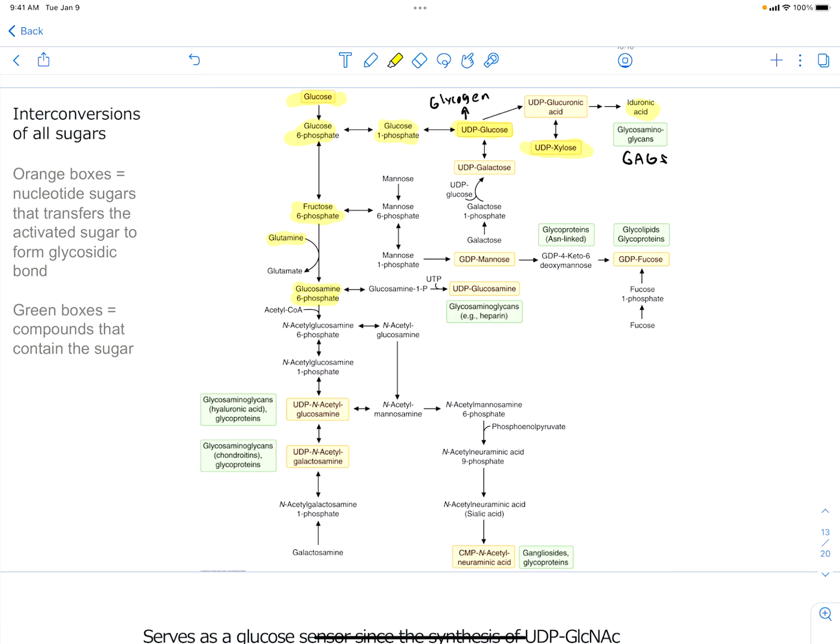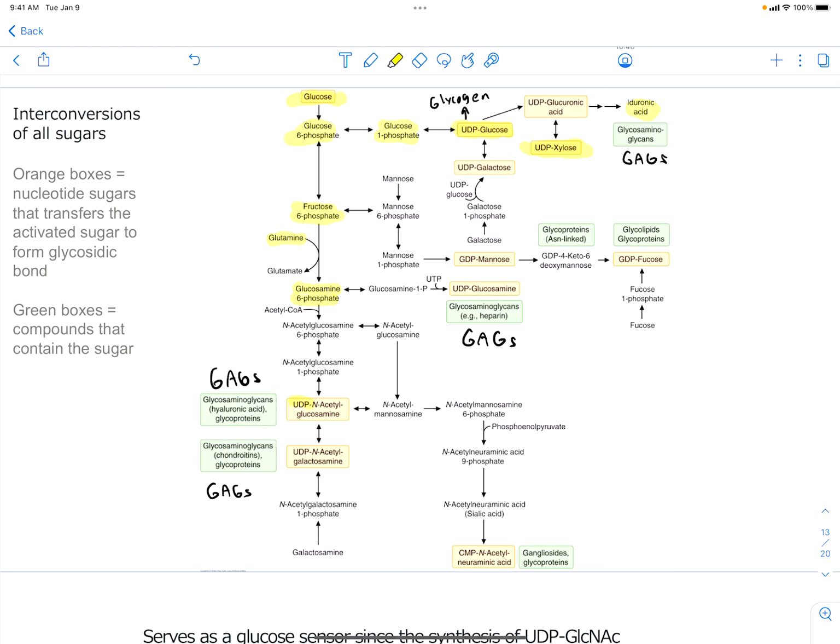So again, you can see here we have UDP glucosamine, which can be important for heparin, for example. This is another GAG, glycosaminoglycan. We also have UDP N-acetylglucosamine, and then this can be UDP N-acetylgalactosamine, and both of these are forming our GAGs again.